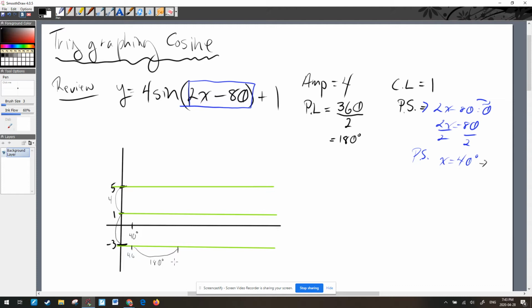So if it starts at 40, we add 180, it's going to take me to 220 degrees. So there's 220 degrees. And then because I want to sketch 2 cycles of this, it's going to go another 180 degrees, because that's how long another one is. So 220 plus 180 is 400 degrees. Okay, so I'm going to go ahead and put some framing in for these ones as well.